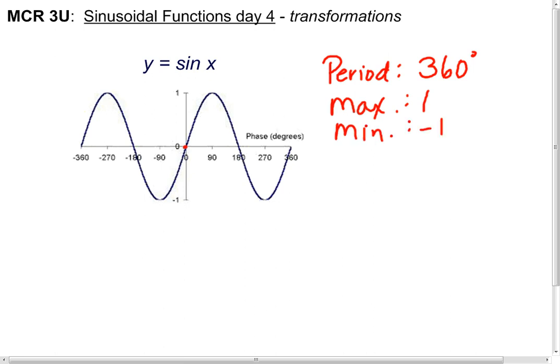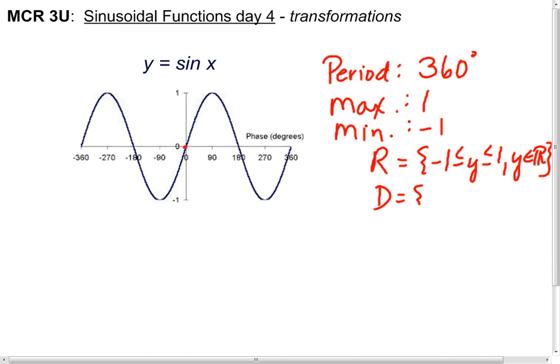So you know that your range then is from -1 to 1 and all the bits in between. The domain, x can be any real number forever and ever in both directions.